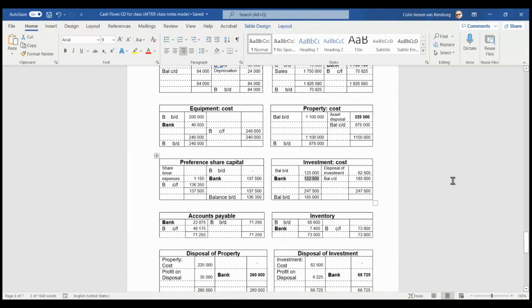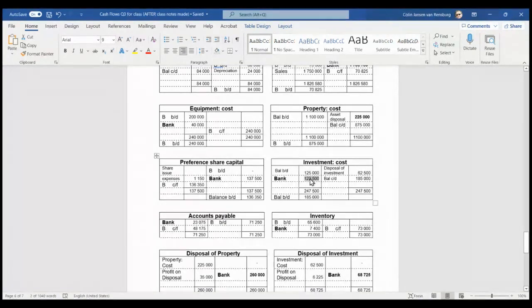And that can only represent one thing, ladies and gentlemen, only one thing, and that is the cash flow on the acquisition of investments, right? So here we were sort of forced to reconstruct this account. You can also do it in table form, but it's more logical and therefore easier to do it by means of a reconstruction of a ledger account, right?